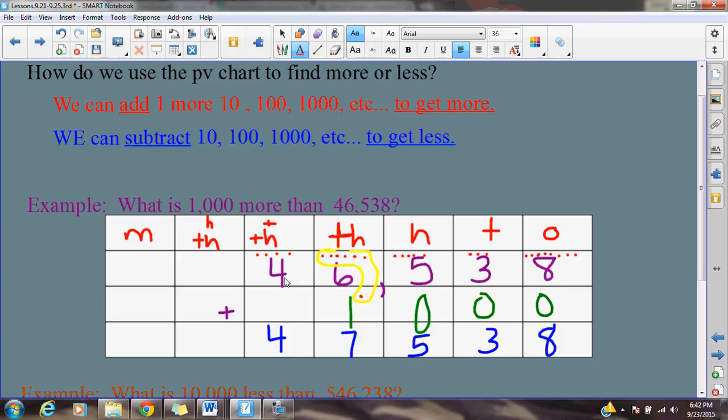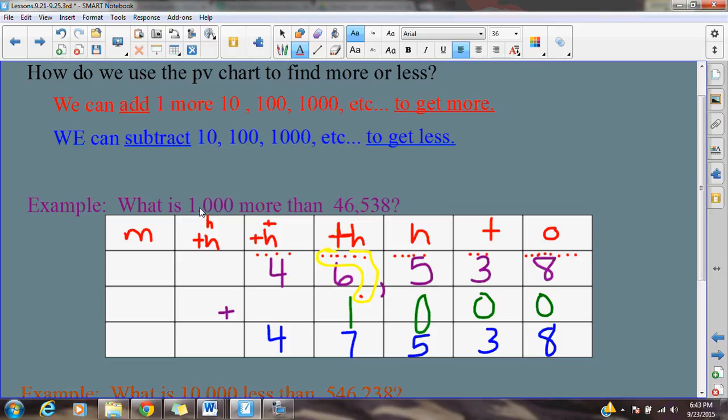That helps me start at the ones place because the number is large and I don't want to get in the wrong place value. I want every digit where it's supposed to be. But I also drew place discs above it to show you. I have 4 10,000s. I have 6 thousands, 5 hundreds, 3 tens, and 8 ones.